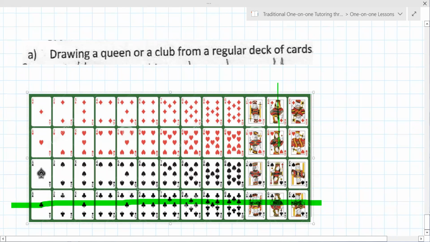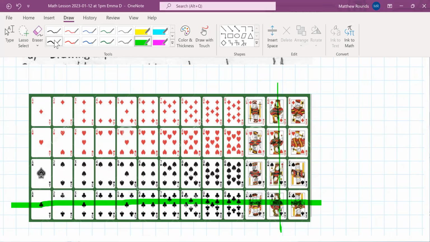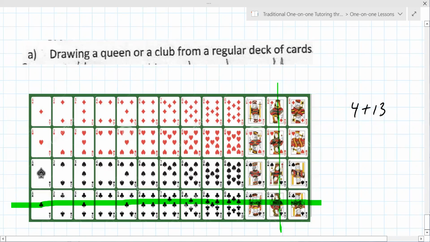Or queen, right? If you miscount, like if you say it's 4 plus 13, that's wrong because you have to subtract out the one that you're double counting. So don't do that. I look at it as 13 plus 3, which is the same, but it's 16 out of 52, or 4 out of 13. Is that what you have?